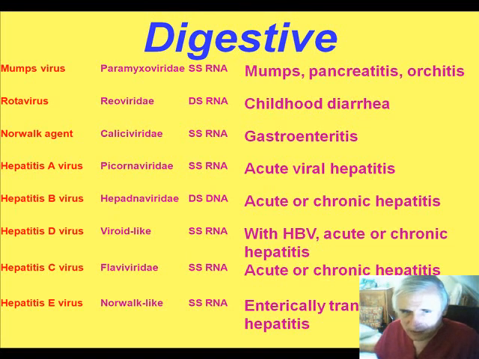Please note that whether you're talking about hepatitis A, B, C, D, or E, they are not at all in the same taxonomic classification. They're all different viruses. Most of them are RNA. Hepatitis B is DNA. Most of them are single-stranded. Hepatitis B is double-stranded. But notice they all express a pattern of acute or chronic hepatitis, and they all have a completely different type of clinical behavior.